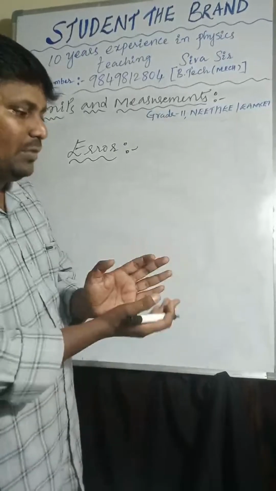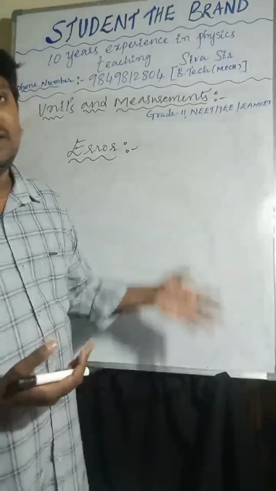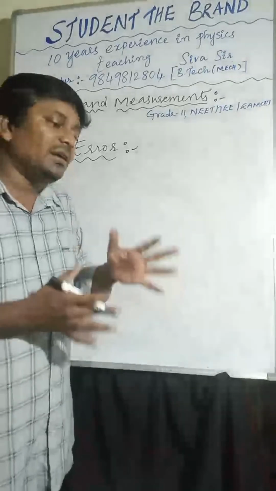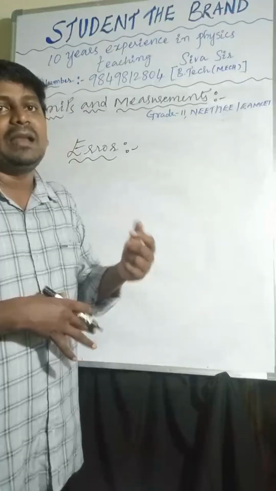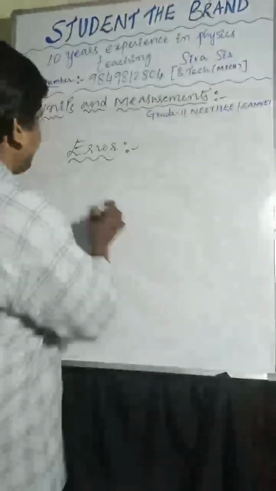An instrument can only measure up to, say, 1 meter, 2 centimeters, or 1 kilometer; more than that it won't measure. Due to the limit of accuracy of an instrument, or other reasons also, errors will occur. So there are 4 types of errors.